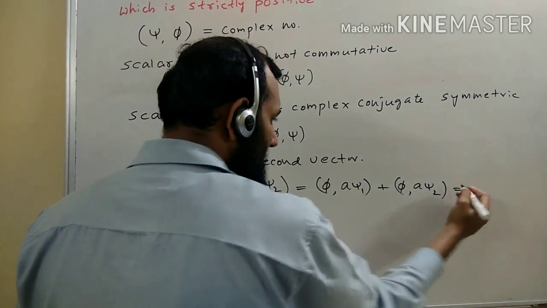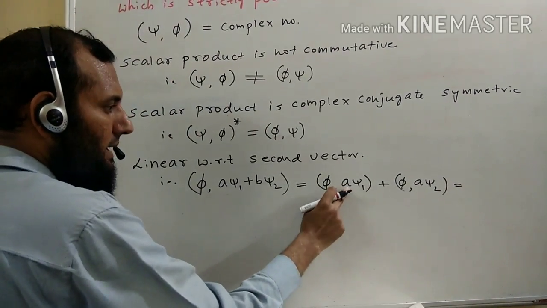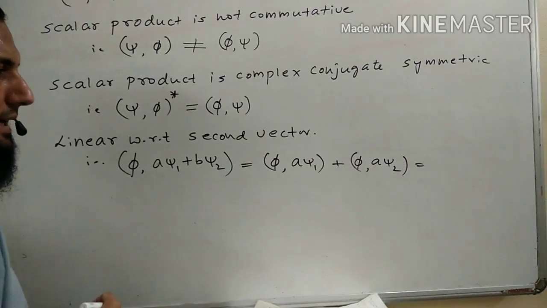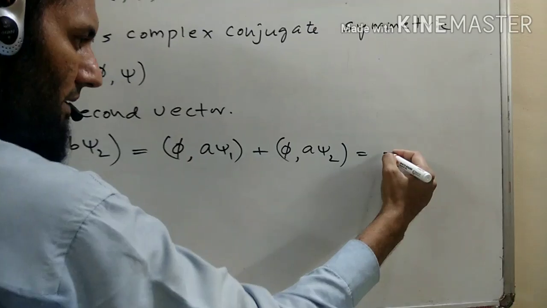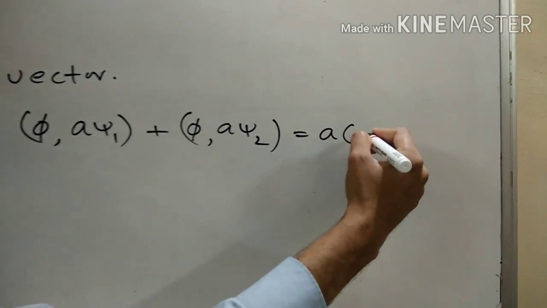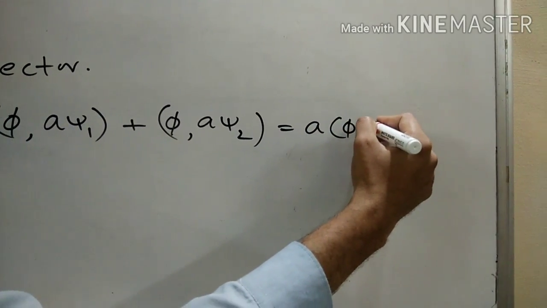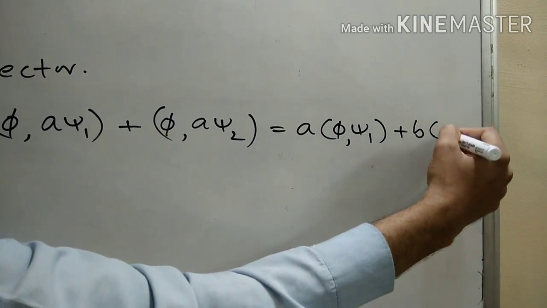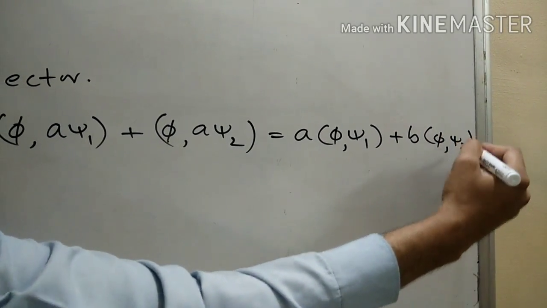And from this, what is a? a is a scalar. So this scalar can be taken out of the scalar product: a phi psi 1 plus b phi psi 2.